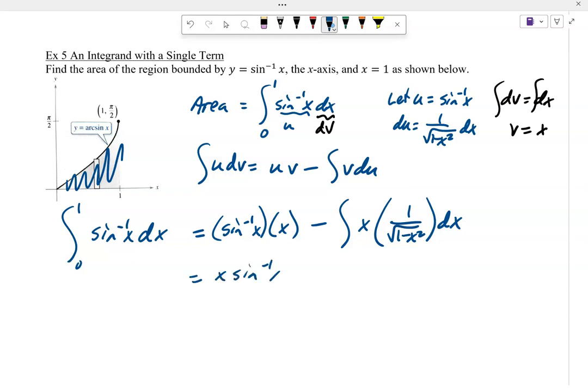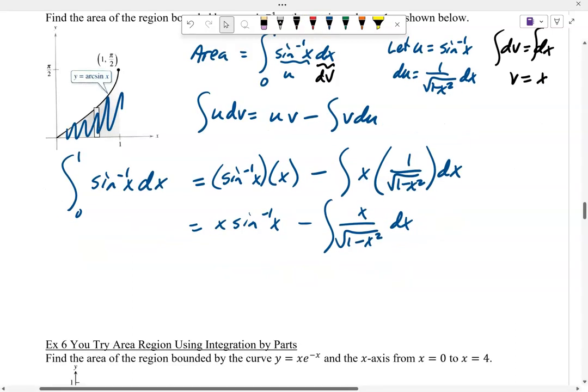Now, I know this is from 0 to 1, but I'm not quite there yet to apply my upper and lower limits on this. Because I get to this point and I'm like, oh, do I know how to integrate that? Well, I got to use u sub, right? I got to use u substitution.